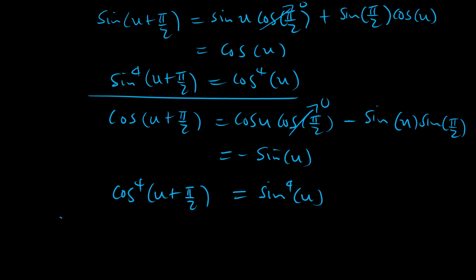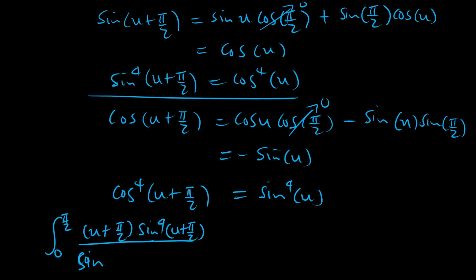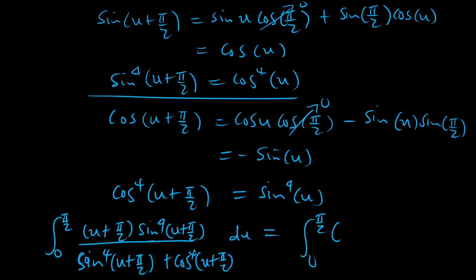And so our problem, from 0 to pi over 2 of u plus pi over 2 times sine to the 4th of u plus pi over 2 over sine to the 4th of u plus pi over 2 plus cosine to the 4th of u plus pi over 2, is equal to 0 to pi over 2 of u plus pi over 2 times cosine to the 4th over sine plus cosine.